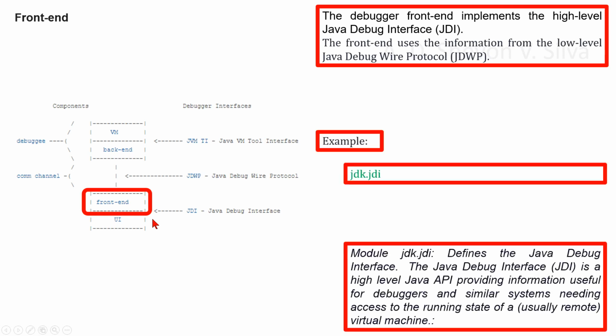As an example, we can consider the jdk.jdi module, which defines the Java Debug Interface. The Java Debug Interface, JDI, is a high-level Java API providing information useful for debuggers and similar systems needing access to the running state of a usually remote virtual machine.